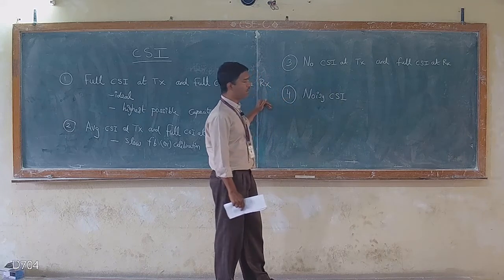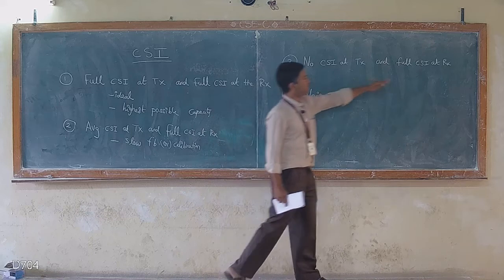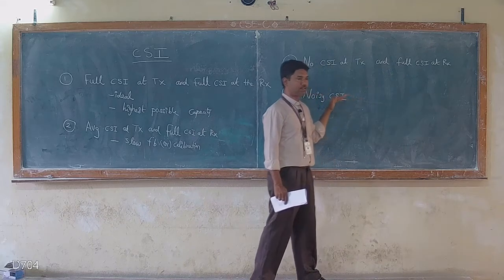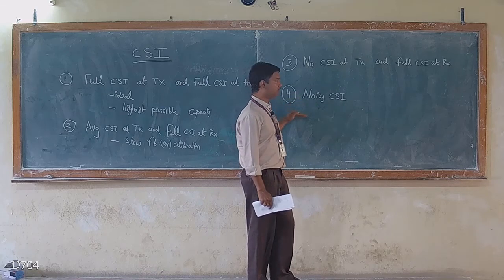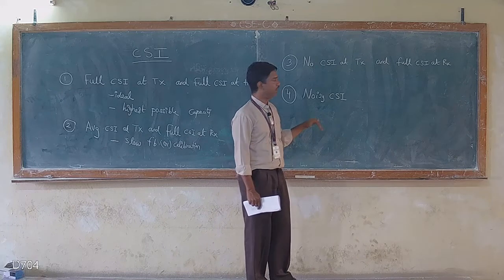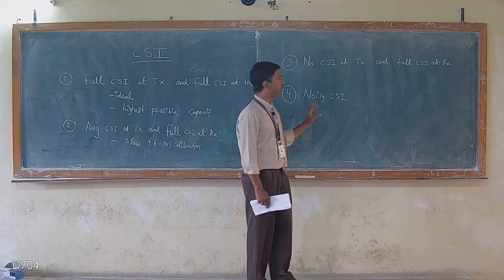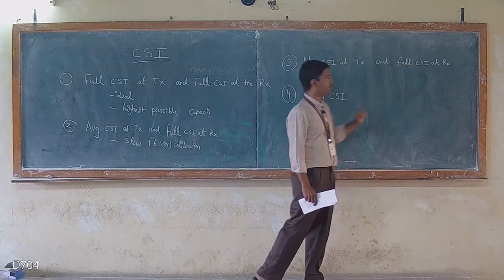But practically it is not so, because the receiver comes to know about the channel state by using the training sequence. While passing through the channel, the training sequence may get corrupted by the additive noise. So you have an erroneous knowledge, that is not perfect knowledge of the channel.